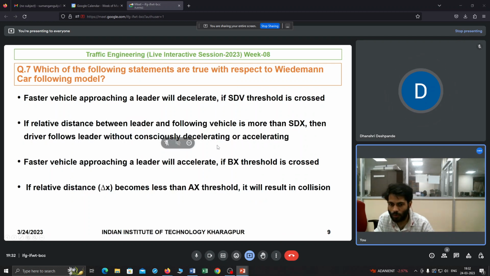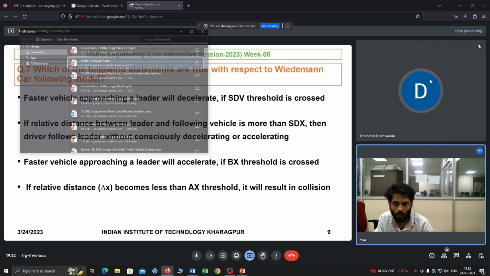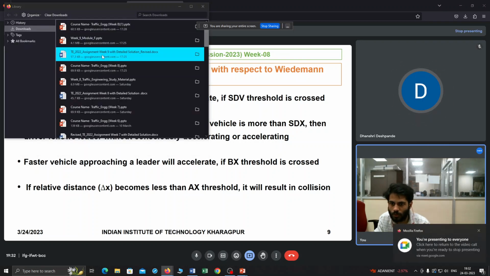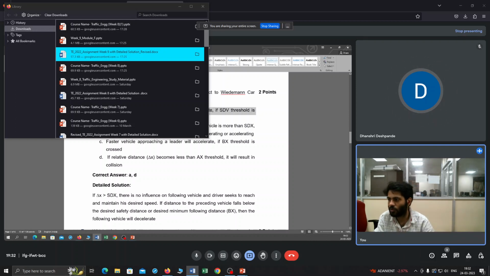So it is crossed and it is lesser. So is it so? SDV threshold is crossed means you are already seeing that it's a slower vehicle and you have to maintain this distance. So if it is crossed, because your faster vehicle is traveling toward the slower vehicle, it's a true statement, and your BX is the minimum threshold.